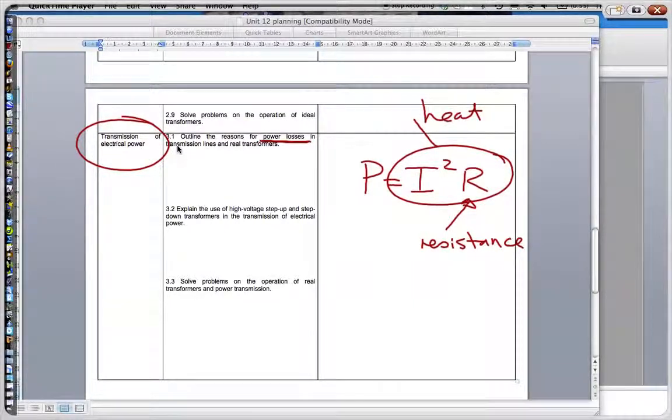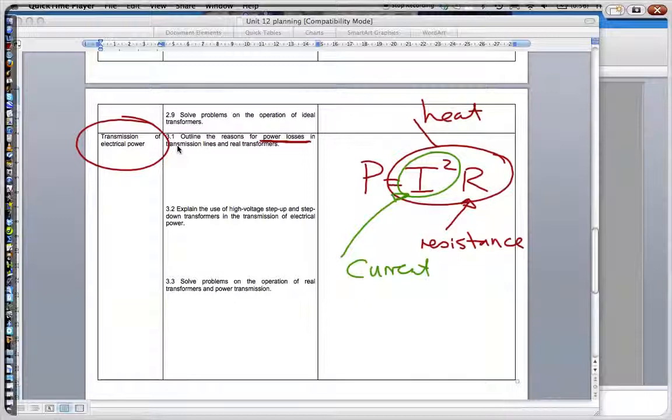Heat will be lost in this term, and as one can see, this is greatly related to the current, the amount of current that is going through. It's a squared term, so the current greatly influences the amount of energy lost per second, or the power that has been lost by a circuit.